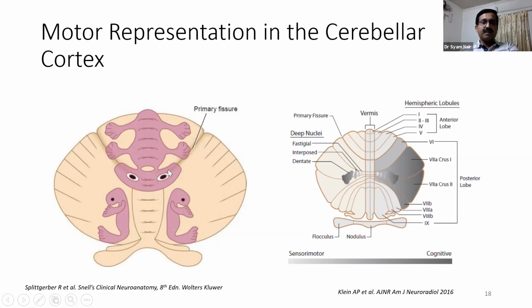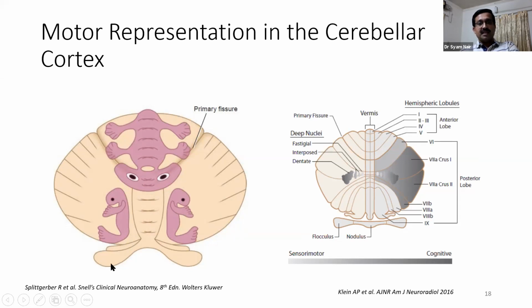And this area, the vermis at the junction of the anterior and middle lobes, is concerned with eye movements. And paravermal regions of the posterior lobe also are concerned with limb functions. So paravermal regions of the posterior lobe, vermis of the anterior lobe, this is mainly concerned with axial motor functions. The paravermal regions and major part of the anterior lobe are concerned with limb functions.